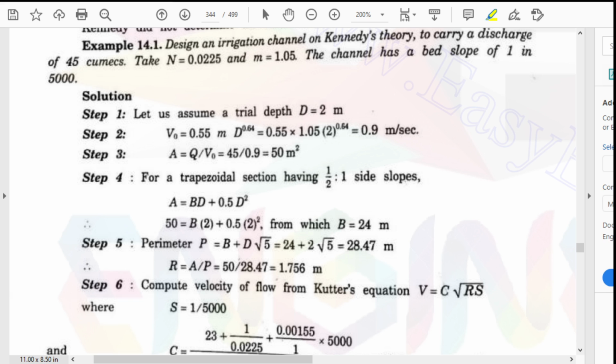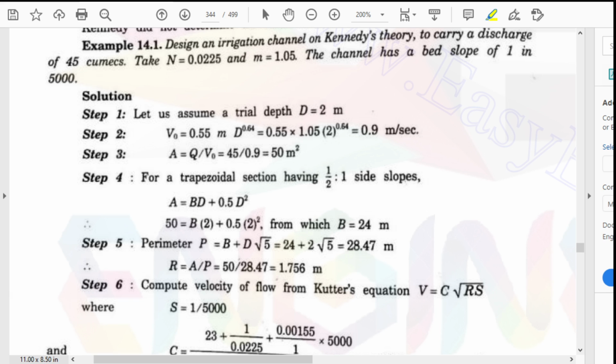Okay, first is from the L section and second is from the Woods table. In this problem they have given the value of q, n, m and s. The b by d ratio is not given, so the problem has to be designed using the first case, the case of L section.